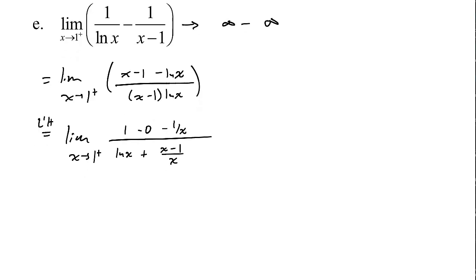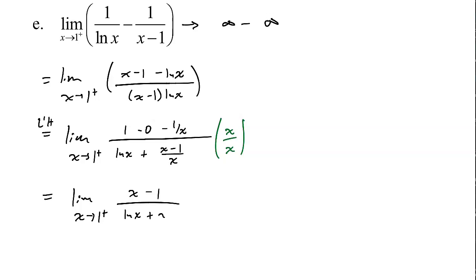All right, and this is ugly. I don't like this because this has an x in the denominator, that has an x in the denominator. But if I multiply by x over x, that will allow me to just say x minus 1 over ln of x plus x minus 1.